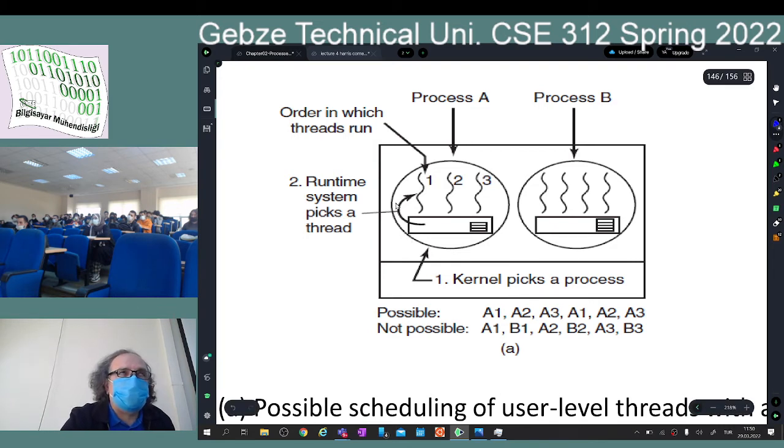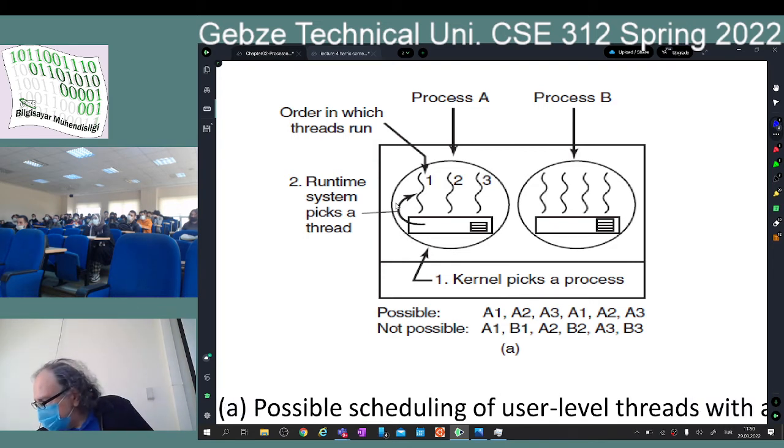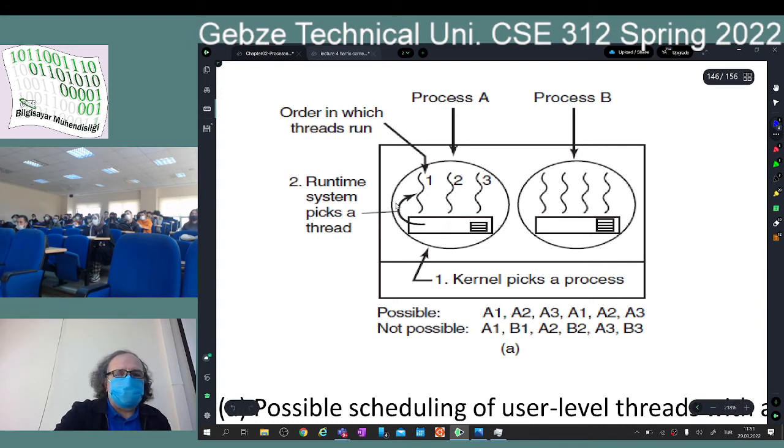Inside this process A, the thread scheduler says that you will run A1, A2, A3, A1, A2, and A3, and these are A1, A2, and A3. Okay, and this continues until the quantum time for this process A is over.